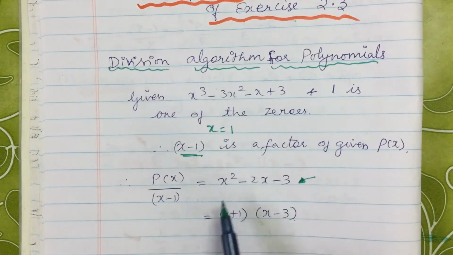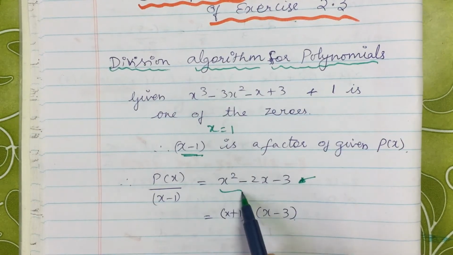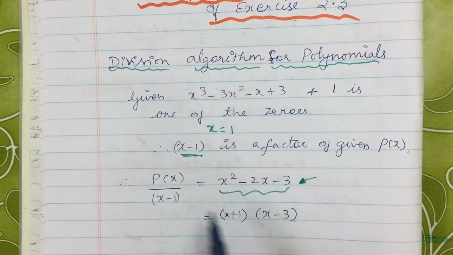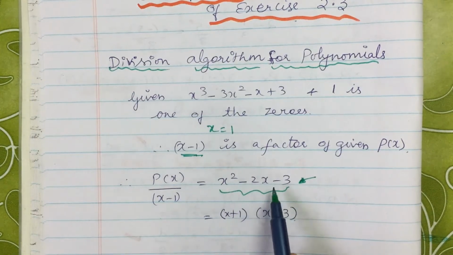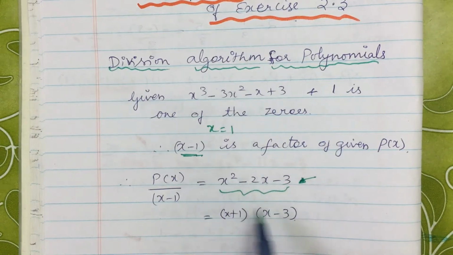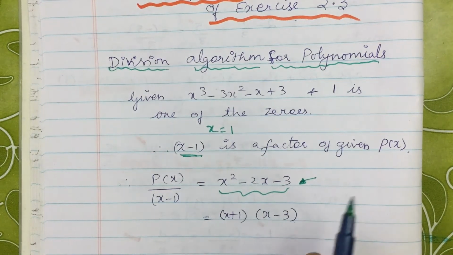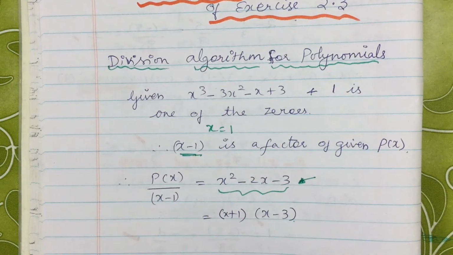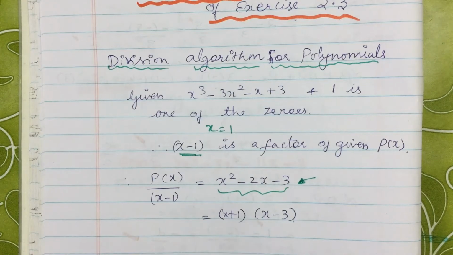After that, you have to factorize this to get all the factors of the given polynomial. This is regular factorization, which you have studied in your lower classes. On factorizing, you will get x plus 1 into x minus 3. This is just the example I have considered for explaining what you are going to explore in this video.